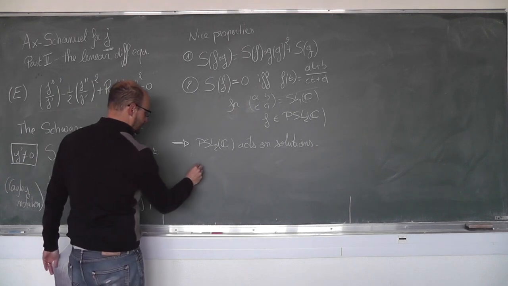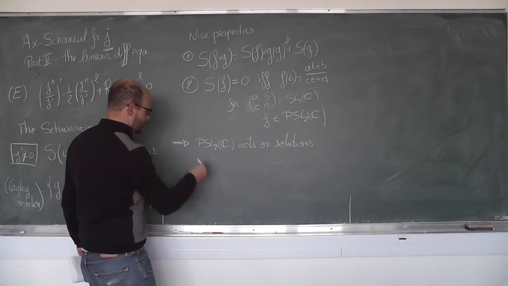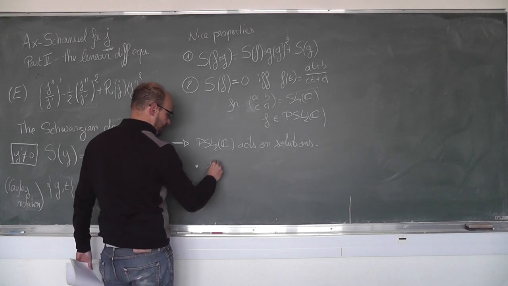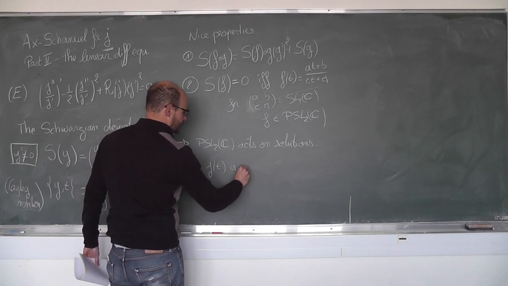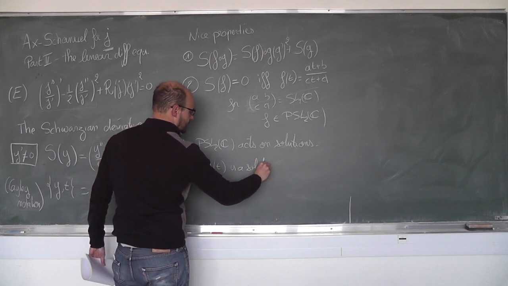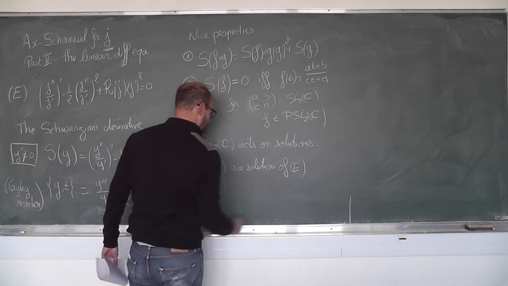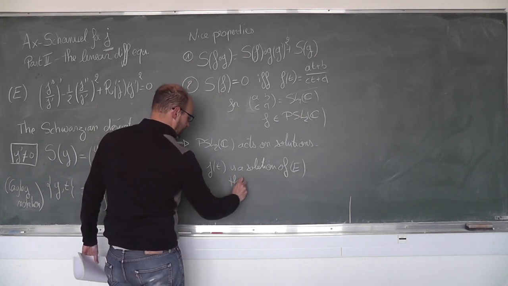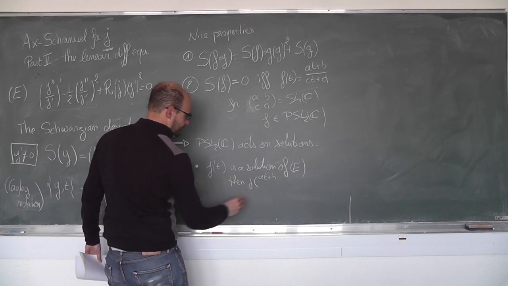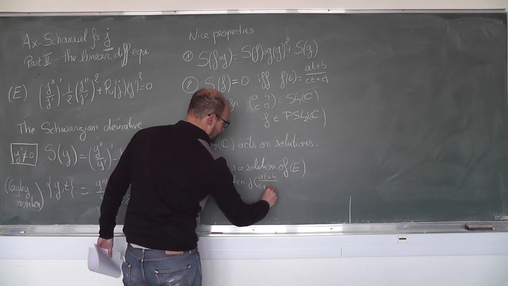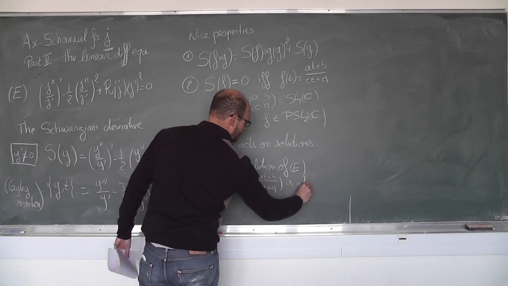It means that if you take a solution, for instance your function j, if j of t is a solution of your equation E, then j of (at plus b) over (ct plus d) is another solution. It is also a solution.